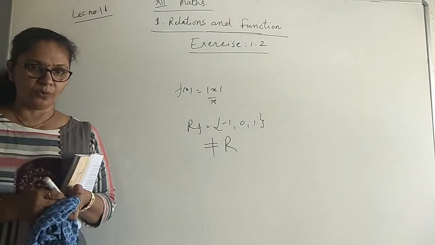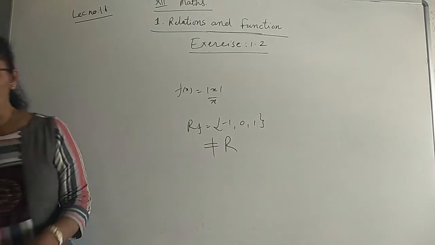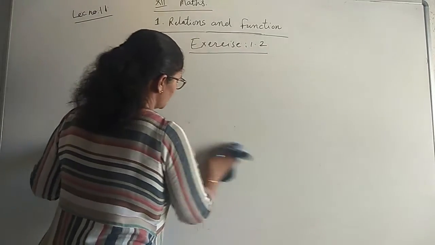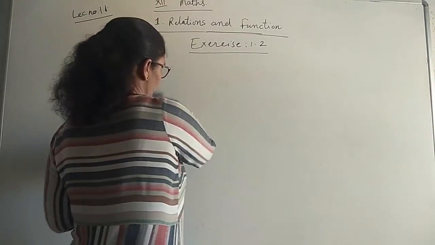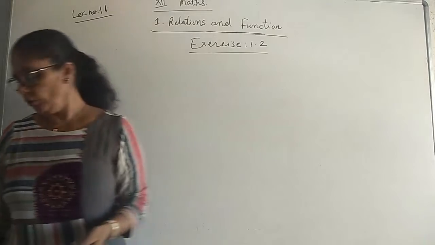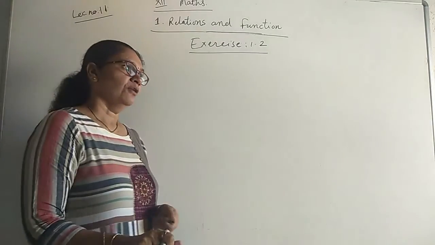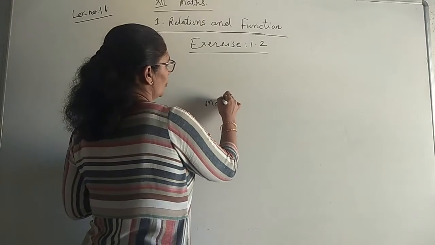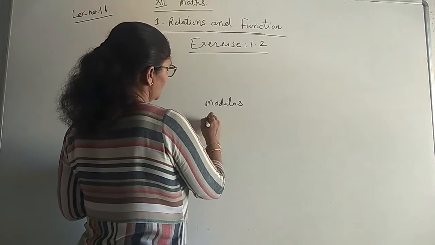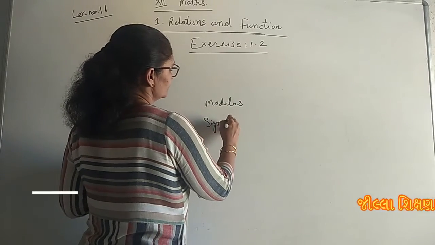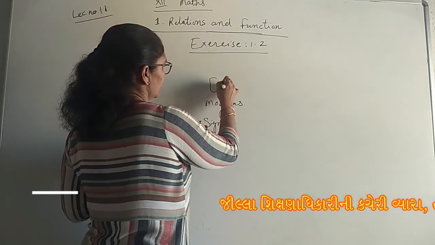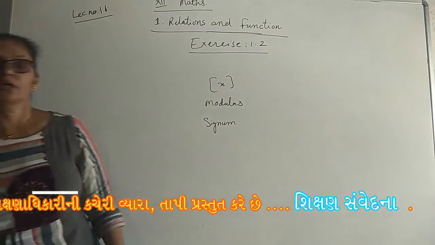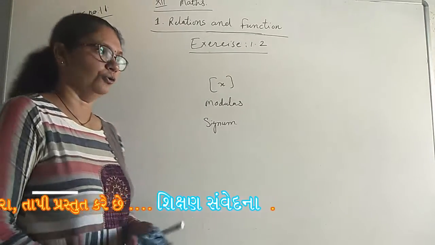So from these 3 questions we have derived the result for the signum function and the greatest integer function. For all 3 functions, the modulus function, then the signum function, and third the integer function, the function is not 1-1 and onto.